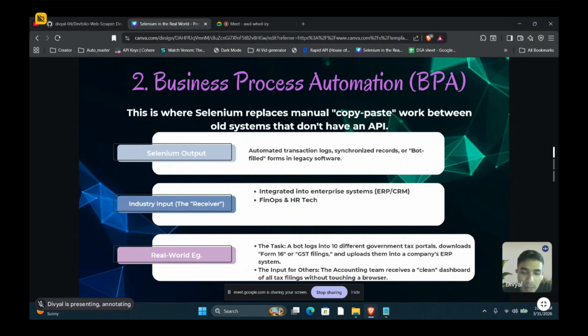One example I have mentioned is that some Form 16s are to be collected for the employees of a company. They have a tool placed there which downloads all the Form 16 forms, and the data is populated on a dashboard, and they can easily check it. If a person does it manually, it will take lots of time, but with this pipeline you just run it on demand, and the things are done for you, right? So this was about business process automation.